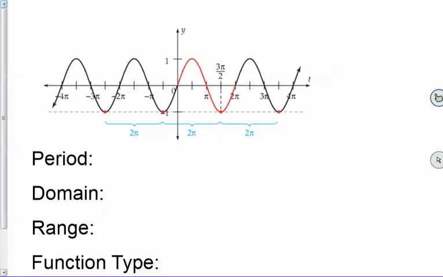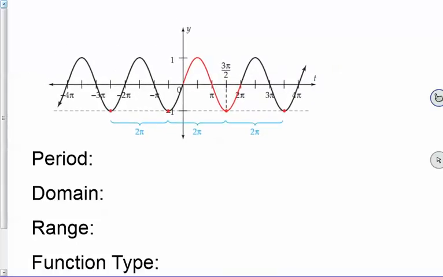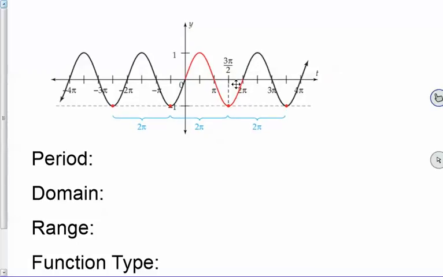If you think about the period, the red part right here is the graph that you've seen. But if you notice, if I extend this out in both directions, it keeps going, and it looks like it goes in increments of 2 pi.